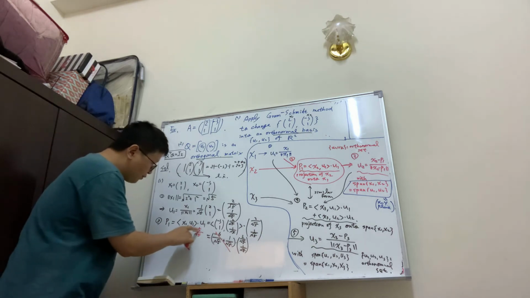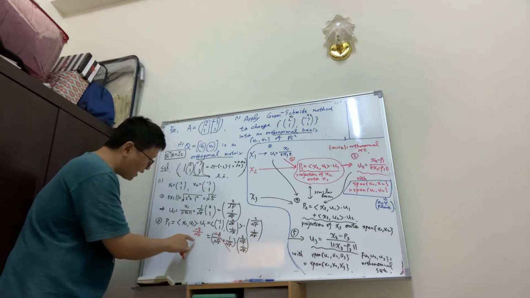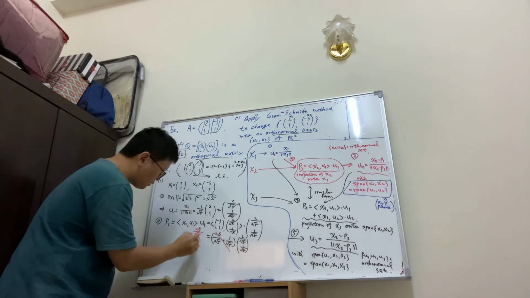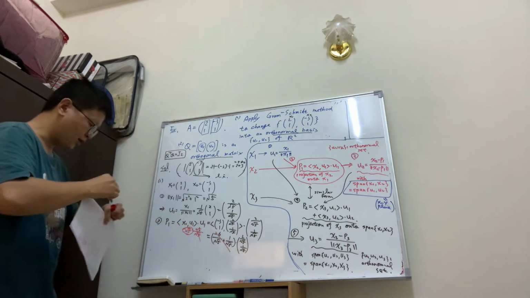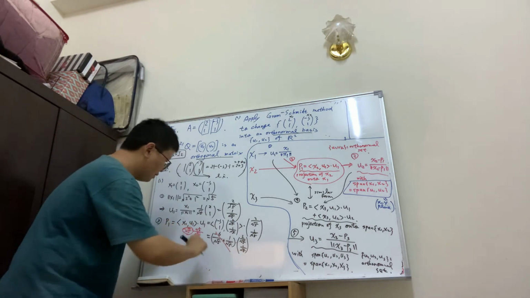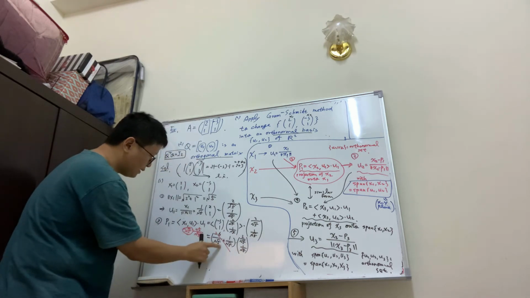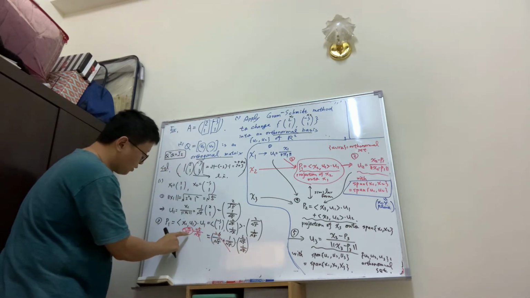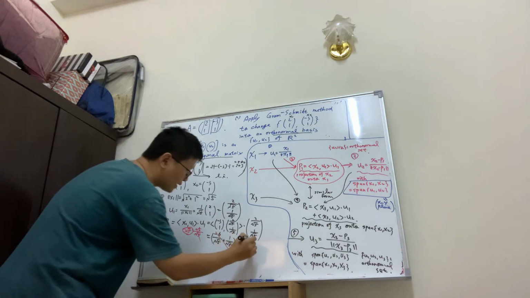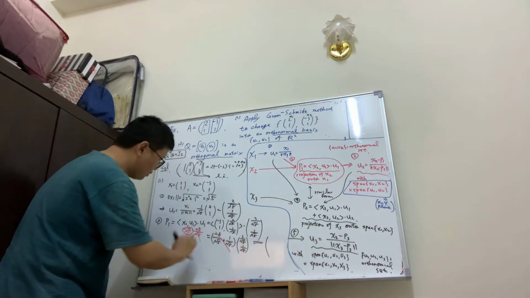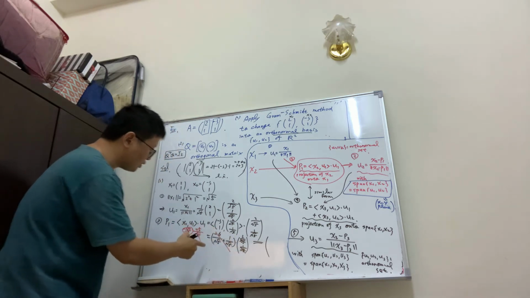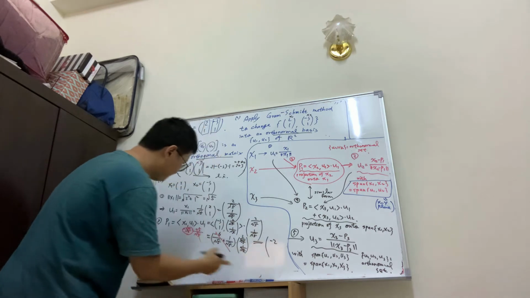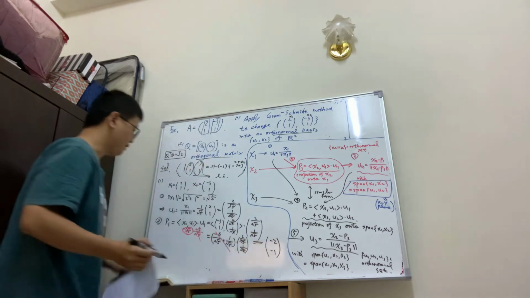Since 5 is the square of square root of 5, it equals negative square root of 5. This scalar multiplied by this vector, we could cancel the denominator. So it becomes negative 2, negative 1.